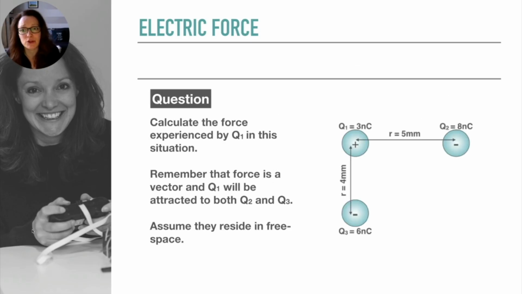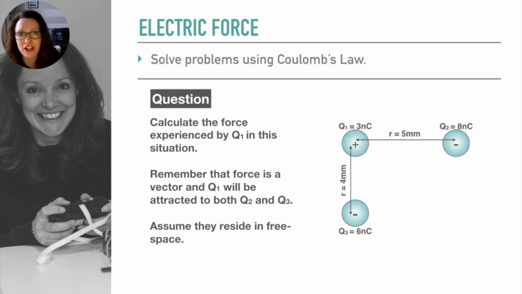This can get a little bit more complicated if we start to look at charges in 2 dimensions. You can see that Q1 is going to experience a force by Q2, and Q1 is also going to experience a force by Q3. So there are some vector additions we have to do there. So let's look at the question. It said, calculate the force experienced by Q1 in this situation.